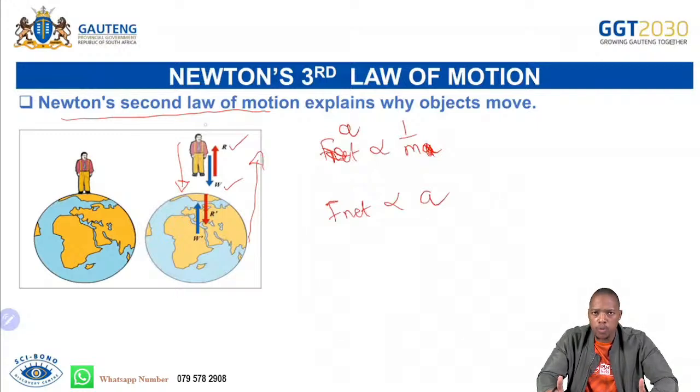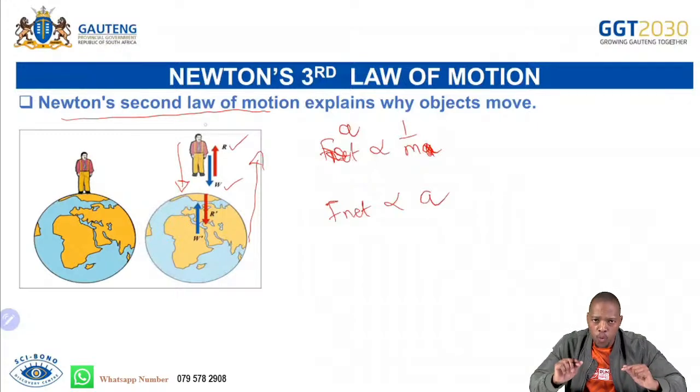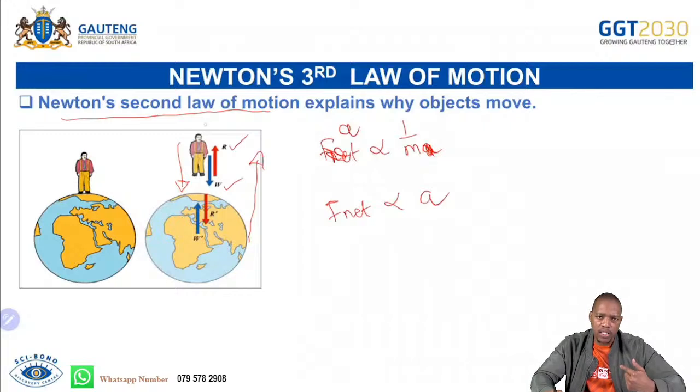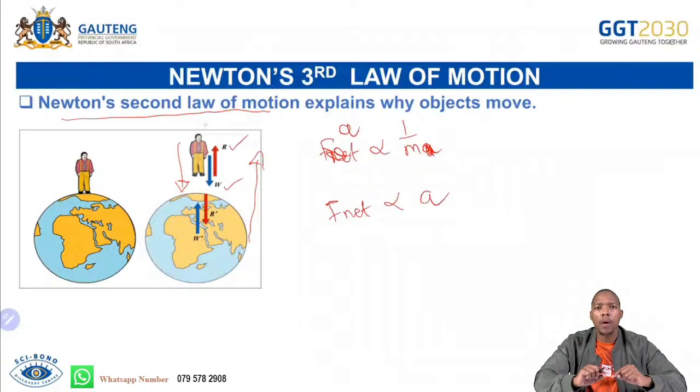But just because the truck is not moving, that does not mean you are not pushing. You are exerting a force on the truck, but the truck is not moving. So a similar thing is happening here. Just because the earth is not accelerating towards us, that does not mean we are not pulling. We are pulling. It's just that the earth has a greater mass.